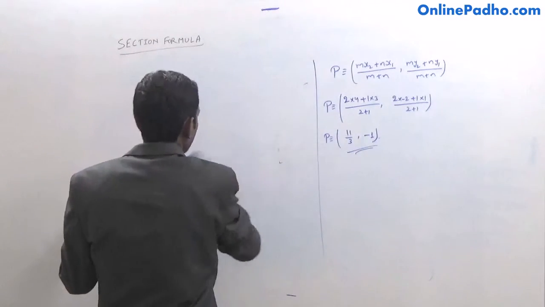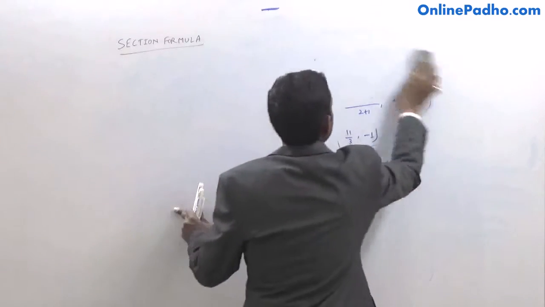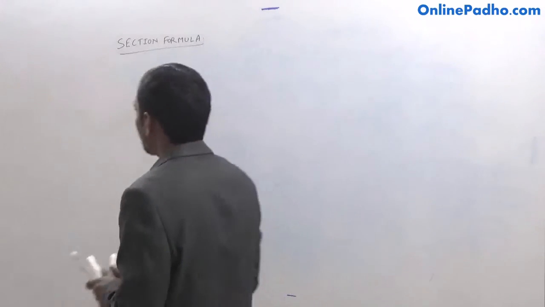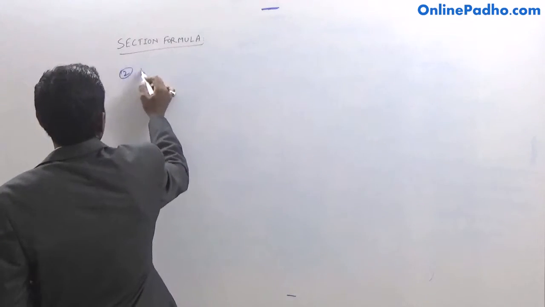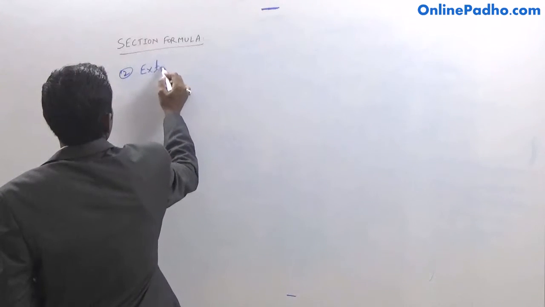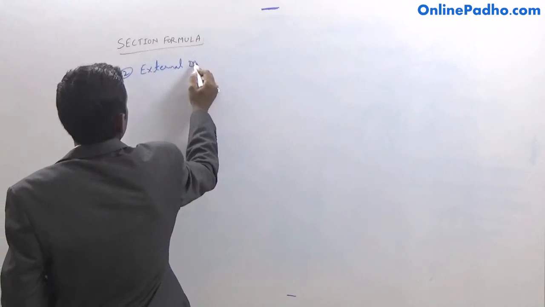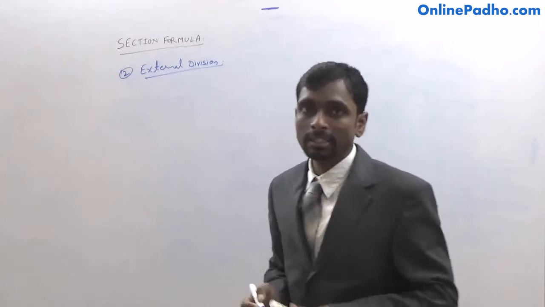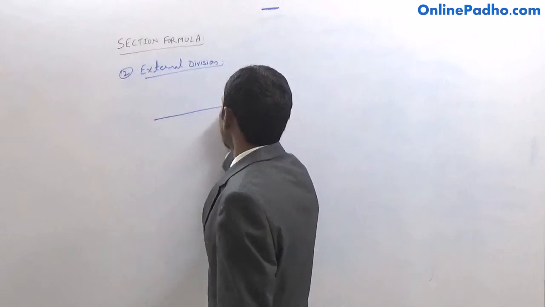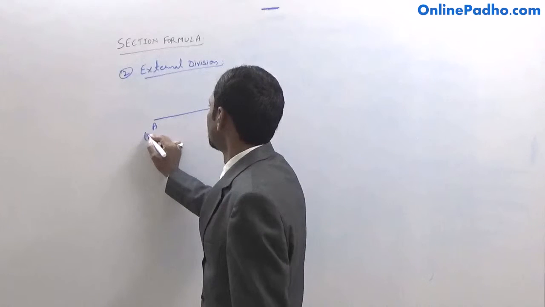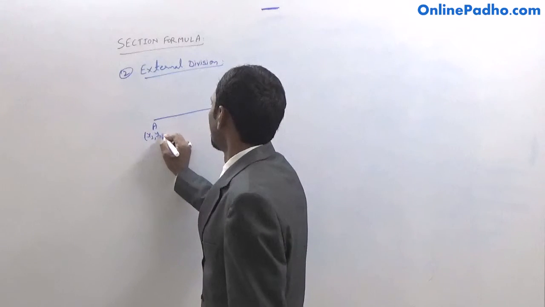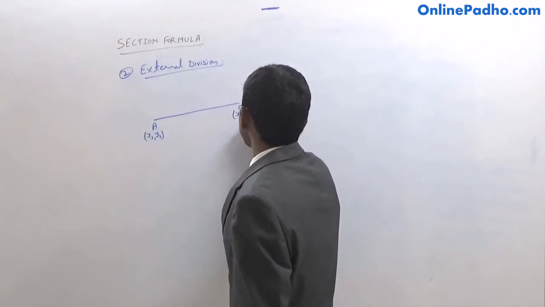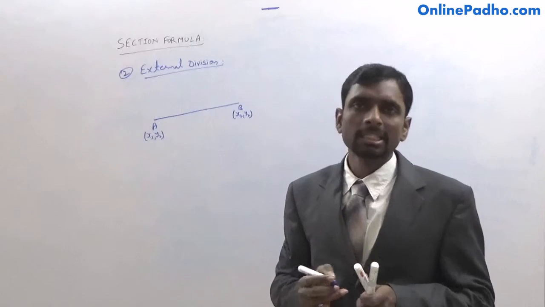Now the second part of section formula is called external division. If we have a line segment AB, with A (x1, y1) and B (x2, y2), what do we mean by the external division?